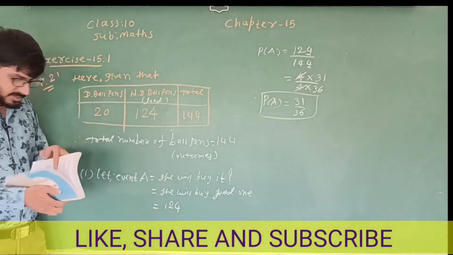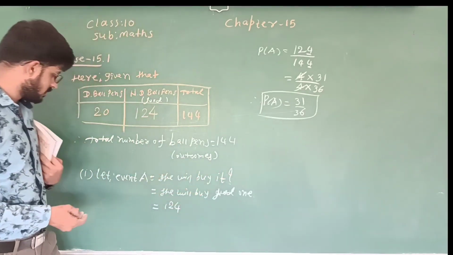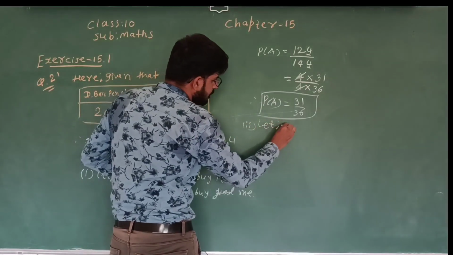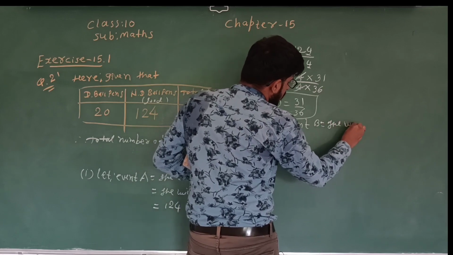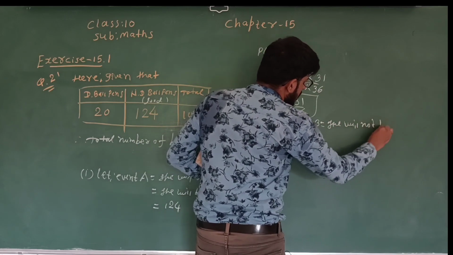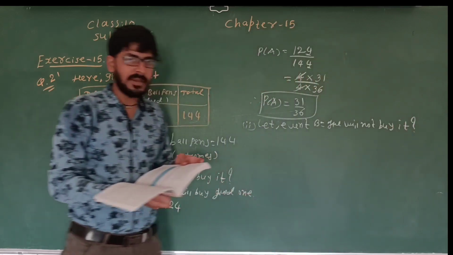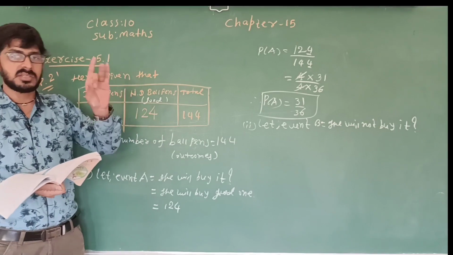Next, second question: she will not buy it. So second, it is known as event B. Let event B be she will not buy it. Now see, which type of ball pen is not bought? It is given that she will not buy if it is defective.